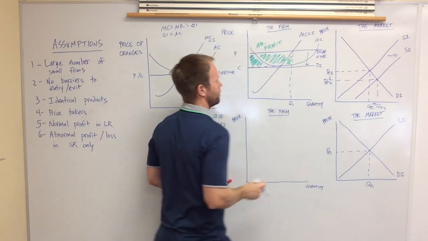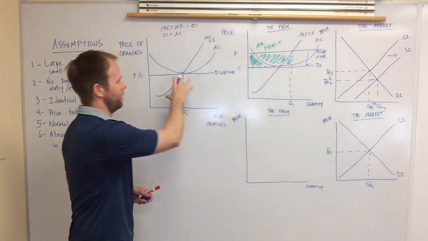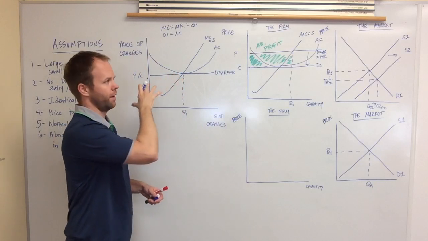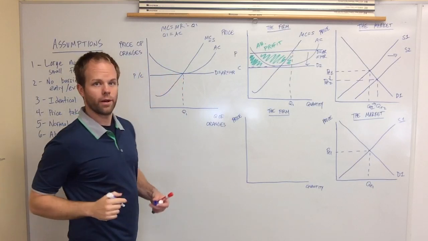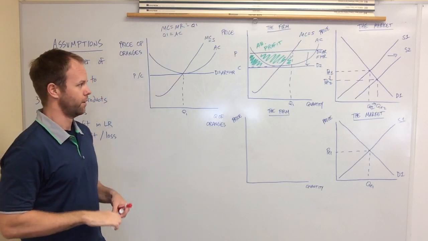That's going to come down, right? And then we're back to the situation that we had here, where costs and price are the same thing, and then we have normal profit again in the long run, okay?